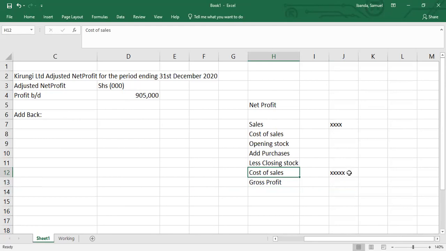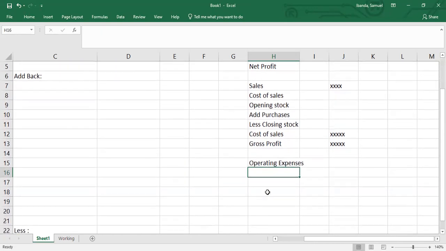Or it can also be a gross loss, depending on what you exactly have. And then from there, you have your operating expenses. After the operating expenses, you definitely have your net profit or loss, whatever it is. So that is basically what we do.